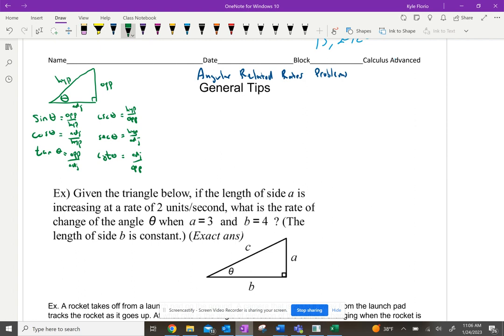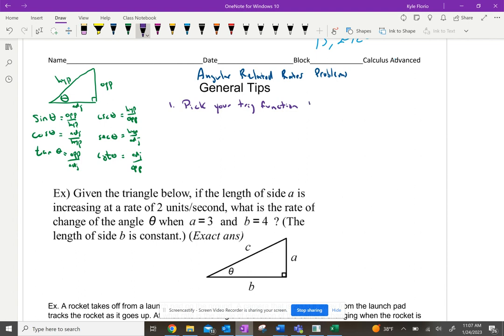Okay, so in all of these problems we've been doing, the idea is we're looking for a rate of change. We're given information, and based on that, we come up with a relationship, take our derivative, plug in the given information, and answer the question. So some general tips here. Pick your trig function. The trig functions are what's going to relate the side legs of a triangle and the angle that's changing.